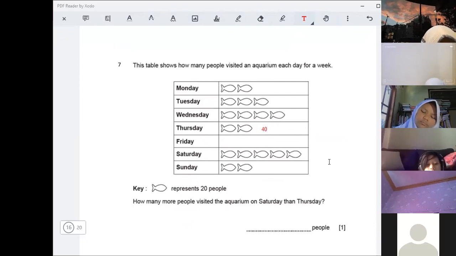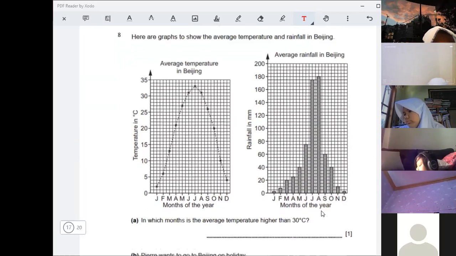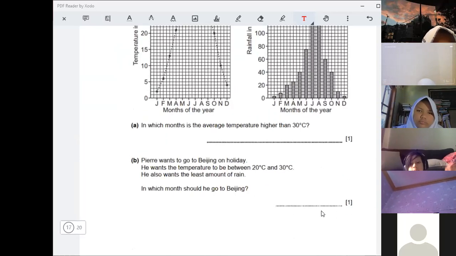How many people on Saturday? Narai? 100. So how many more people visit the aquarium on Saturday than Thursday? 60. 100 minus 40 is 60. This one is easy, right?